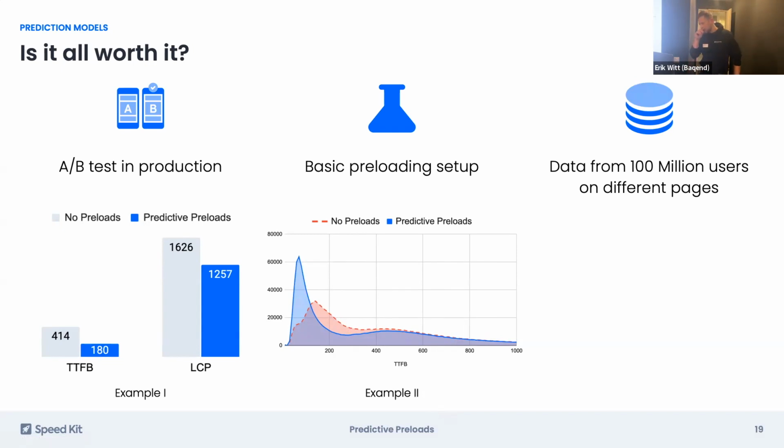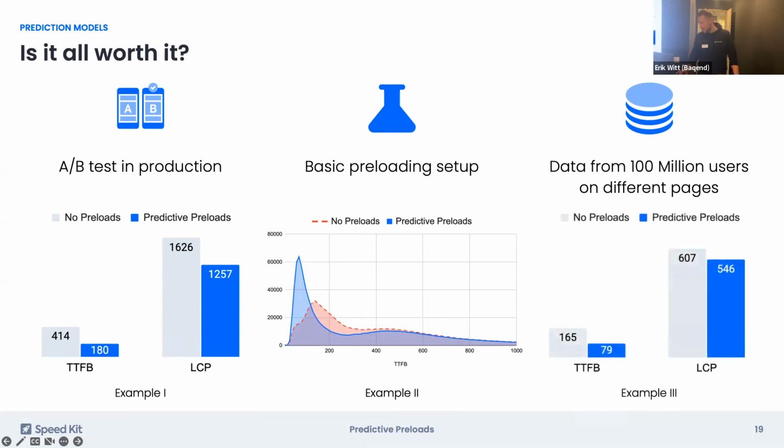We also tried this for a page that is already super fast and using SpeedKit, of course. And even for them, they had 165 milliseconds of time to first byte to start with our standard optimization. That is in the median. That is quite a good number.